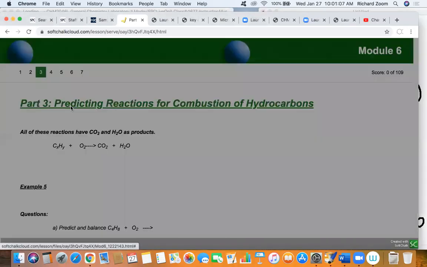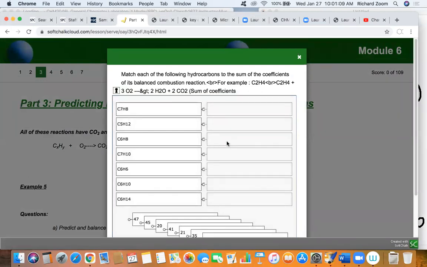All right, let's look at some examples here. I'd like you to tell me, C7H8, do you think you're going to have to multiply that by 2 or not? Any thoughts? No, you don't have to, because 8 divided by 2 is 4. What about C5H12? No, because 12 divided by 2 is 6.